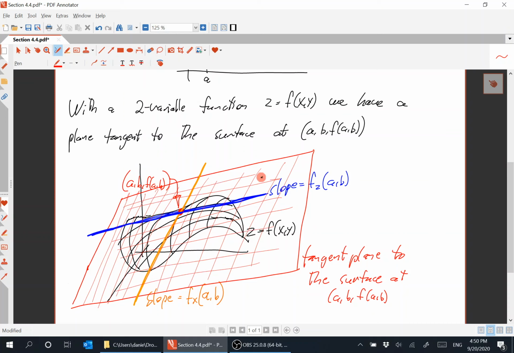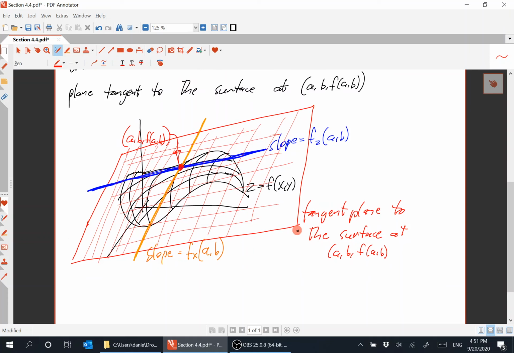Okay, so you have tangency in two different directions. So tangency to the surface is not given by a line, but by a plane. Okay, something greater than that.